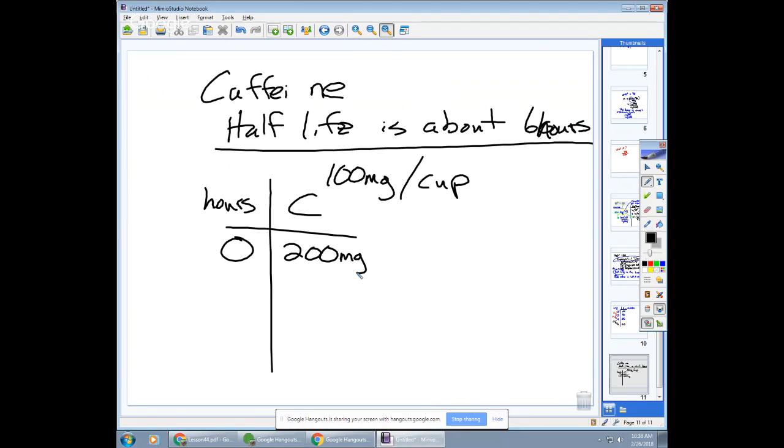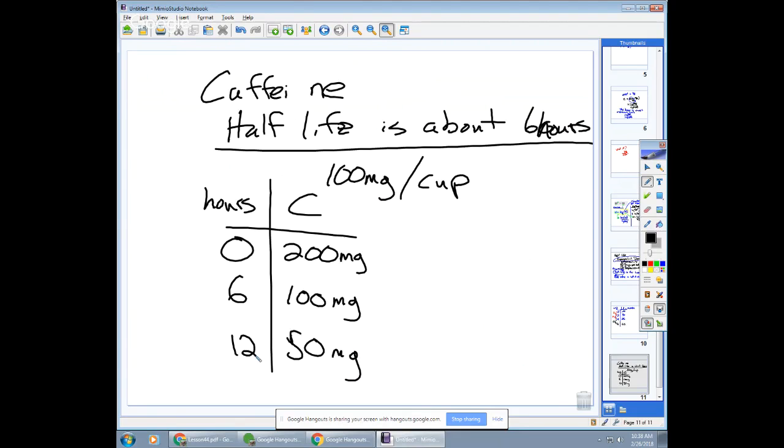All right. So when am I going to have 100 milligrams? Yeah, 6 hours later. When am I going to have 50 milligrams? 12 hours total, but another 6 hours, right? Yeah, so the bottom line is every time 6 hours goes by, you have half of what you started with, okay? So let's say Emily's still reeling from the play all weekend, and she had like 4 shots of espresso this weekend.